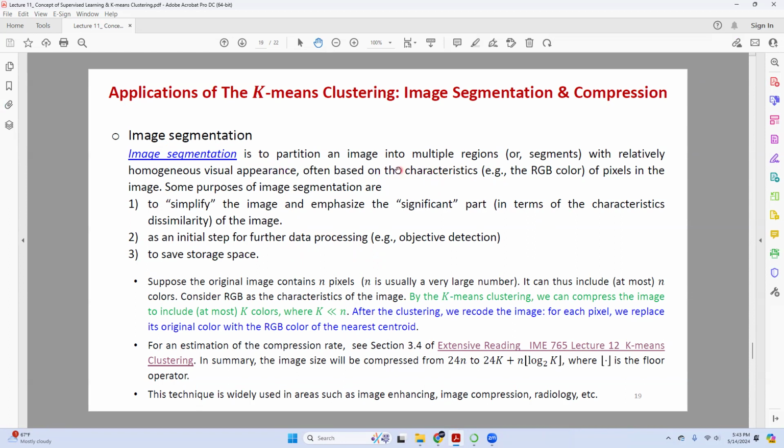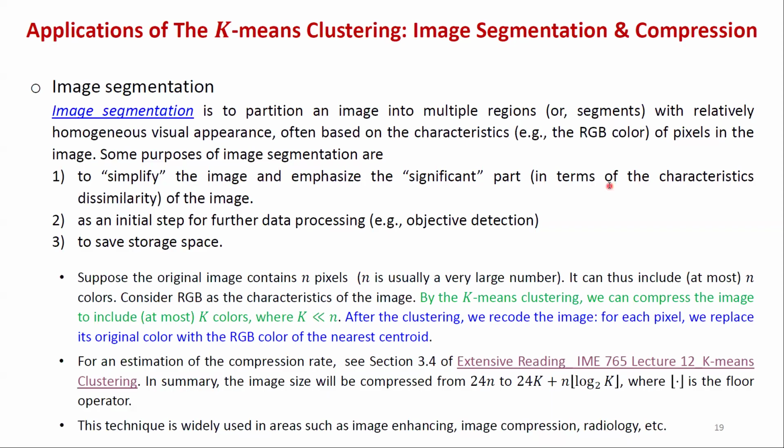Such segmentation is usually based on the RGB of the color pixels. Of course, if you make it more complex, you can consider more levels, let's say luminance instead of only RGB. You can consider many different image levels.